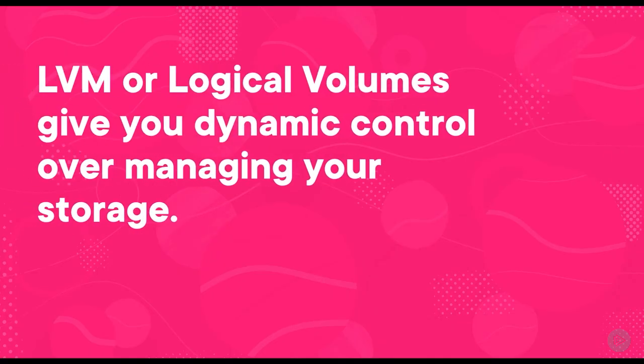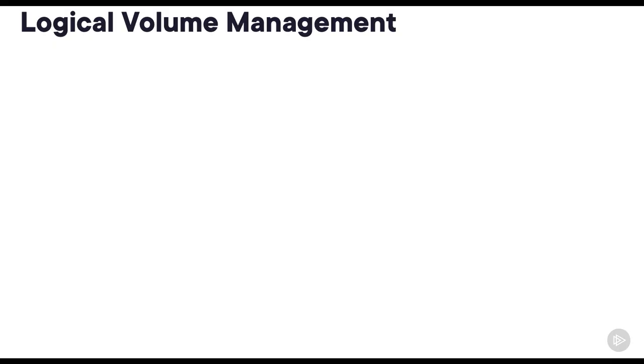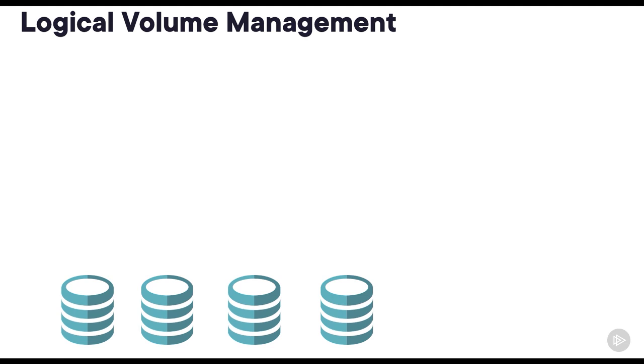I'll be guiding you through the module Managing Advanced Storage in Linux. We're going to get to know that when we use LVM or logical volumes, we gain the advantage of dynamic control over managing our storage. As we start looking at the components, at the very base level, we have something called physical volumes, or PVs.